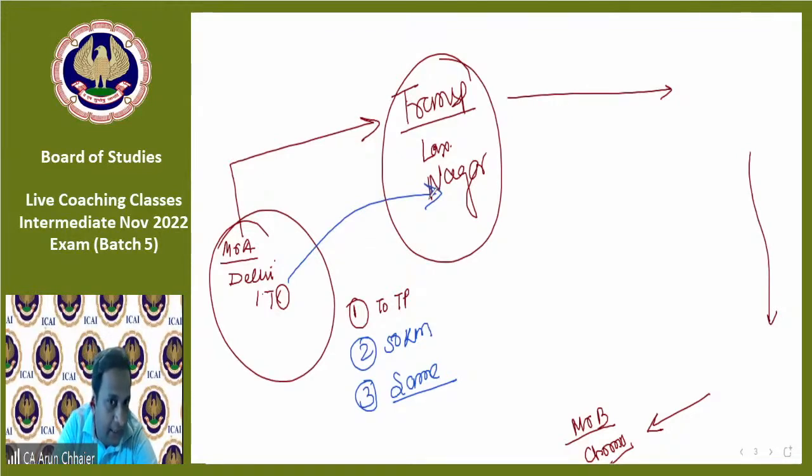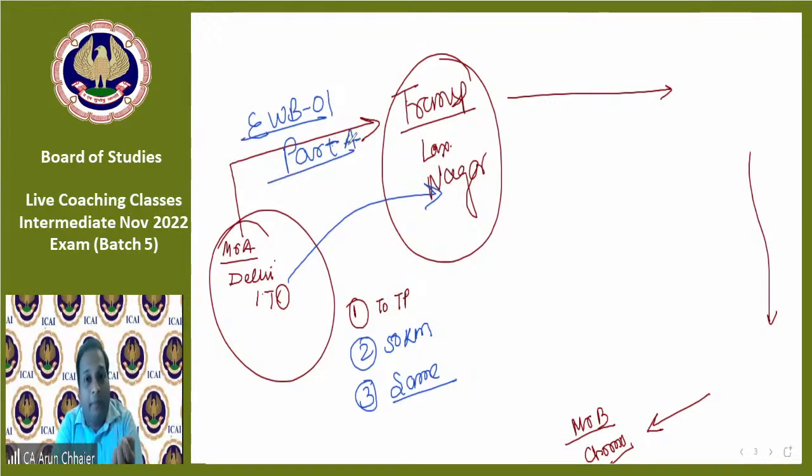Mr. A can generate the e-way bill on the basis of part A only. Part B becomes optional. You are not required to add part B.